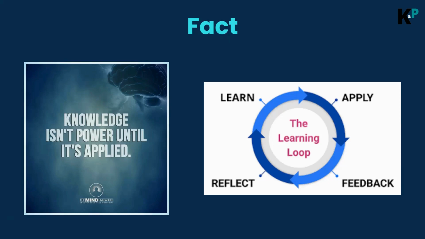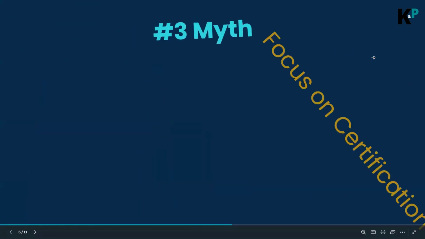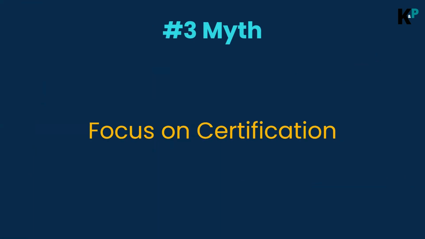Knowledge isn't powerful until it's applied. The bottom line is not just to learn, but to apply and reflect. This is what will help you, and this can even reduce your learning journey.